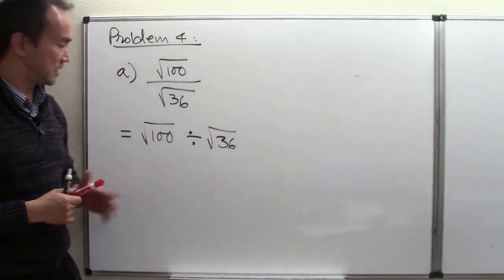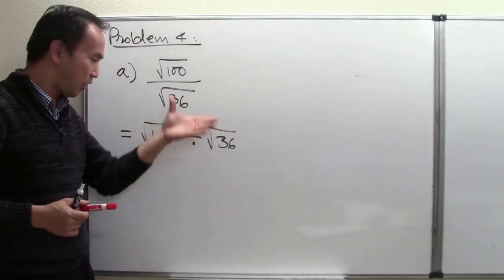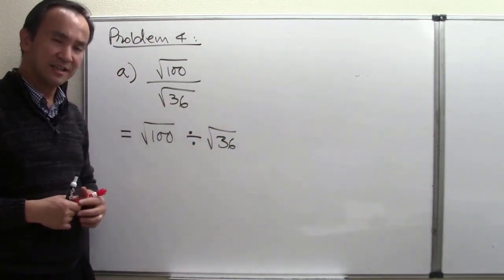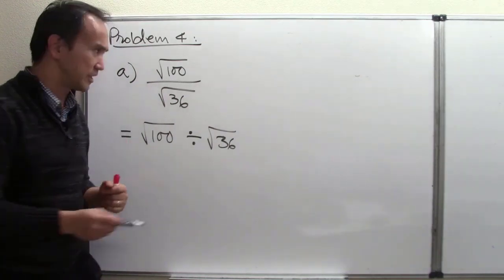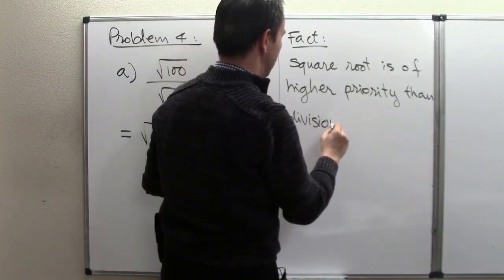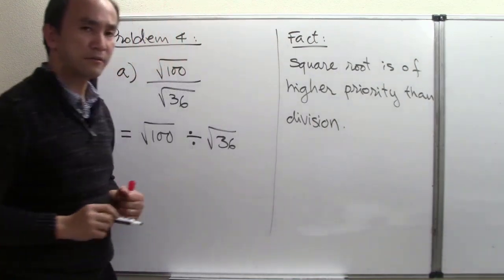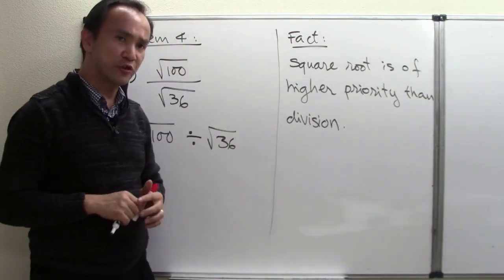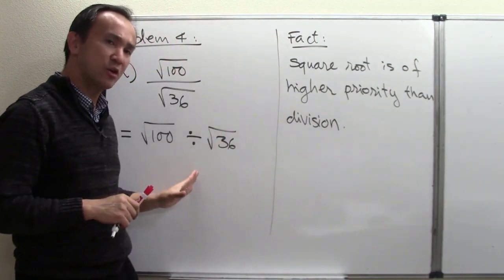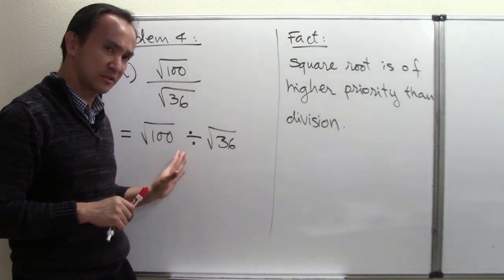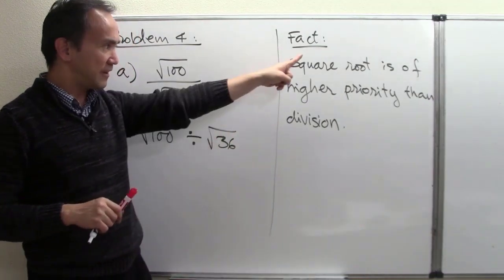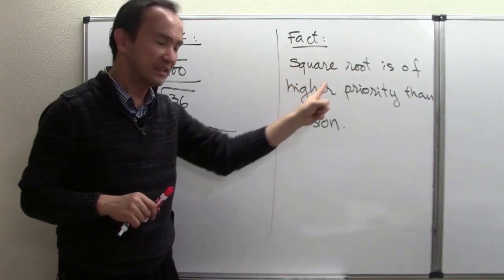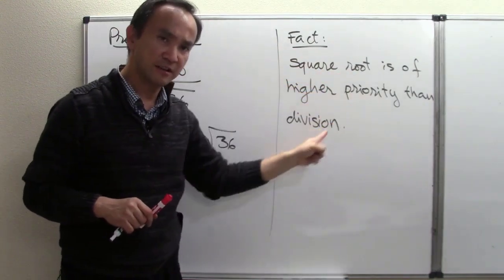Now it is clearly showing all the operations involved. So now I have to bring in another fact, which will explain the way I will eventually compute this problem. The fact says square root is of a higher priority than division.